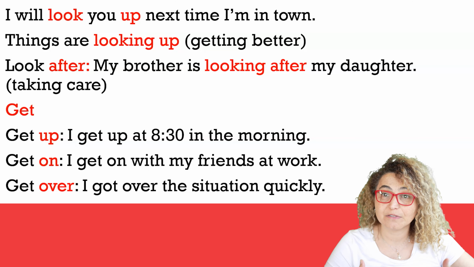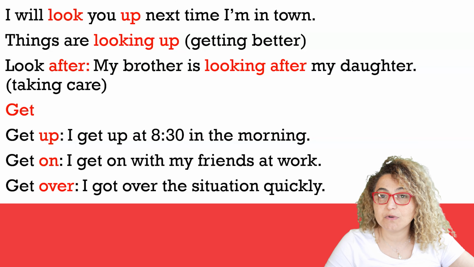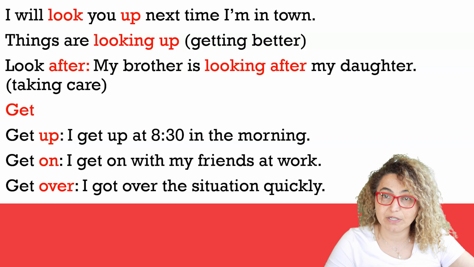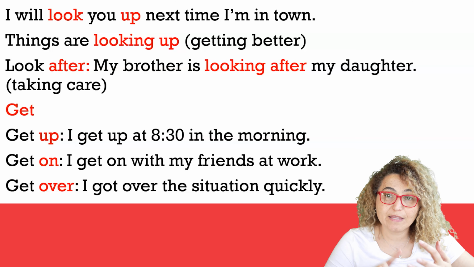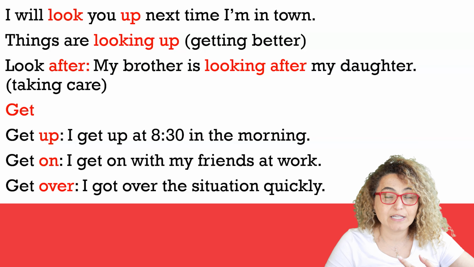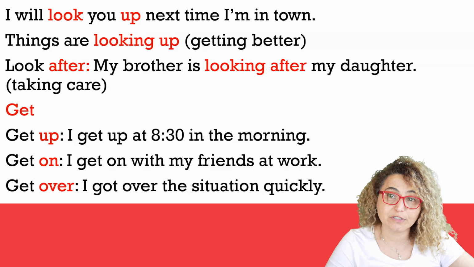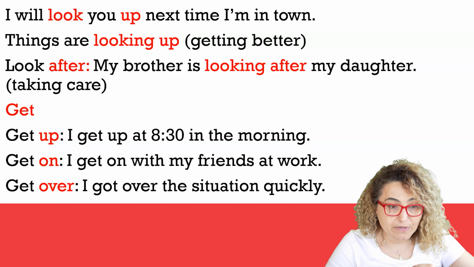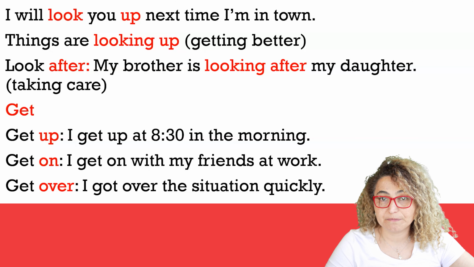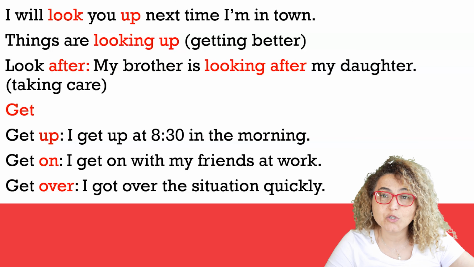I get over. I got over the situation quickly. I recovered quickly. You get over something, you recover. So get up, get on, and get over. Each one of these has a different meaning. The only way that you will remember them is if you start to use them. And think, when you're using them, what are you trying to say?